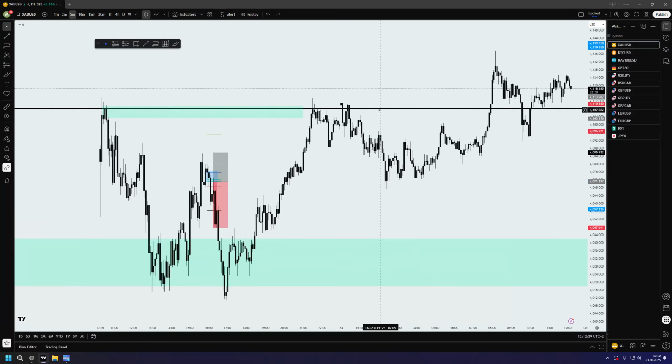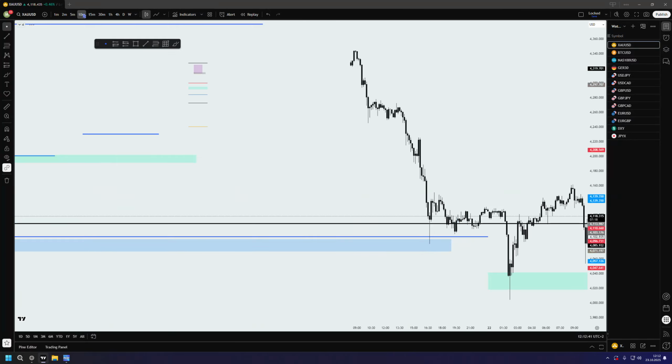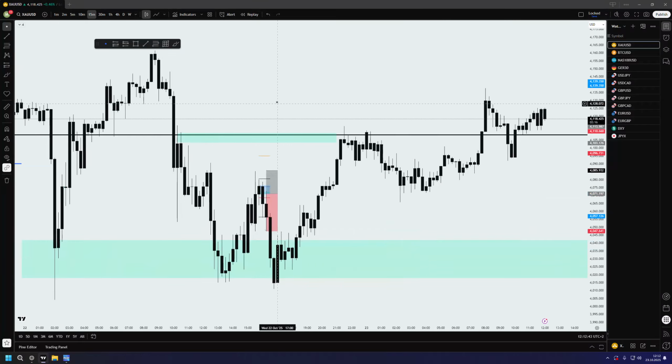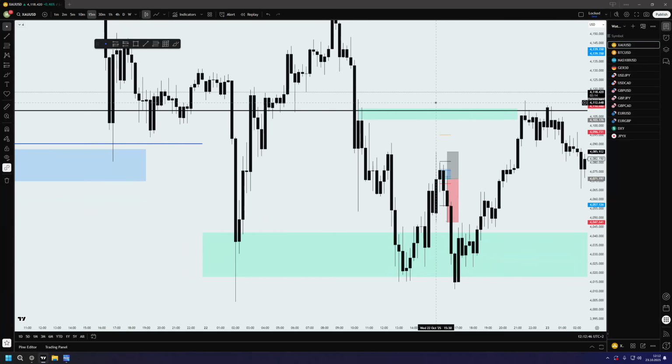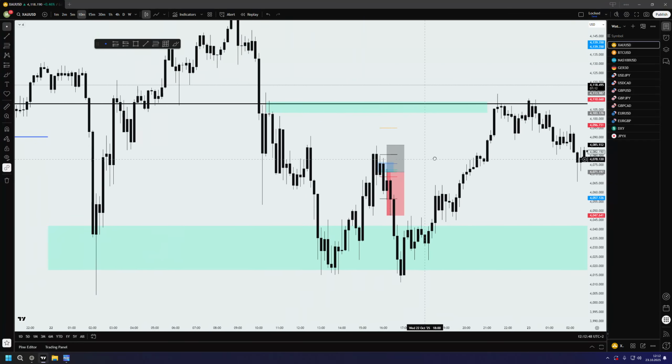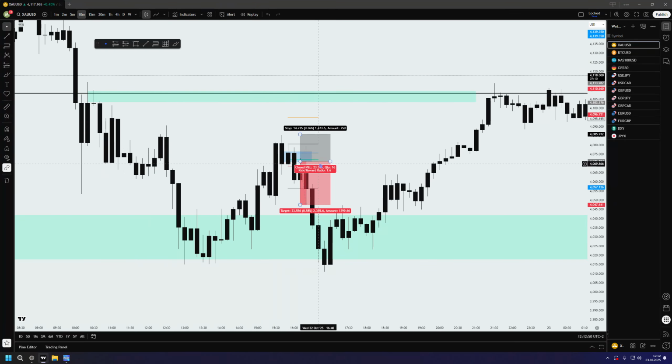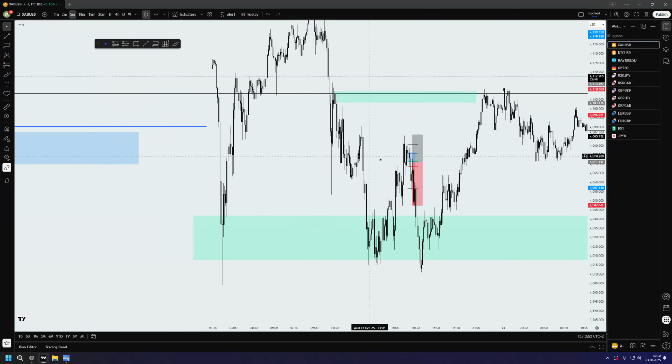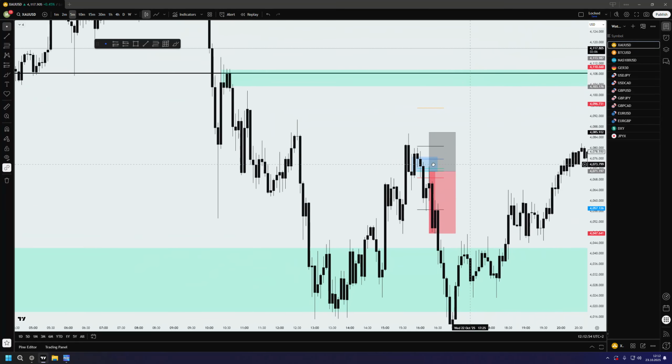Gold. So basically I measured this range. We only entered here.